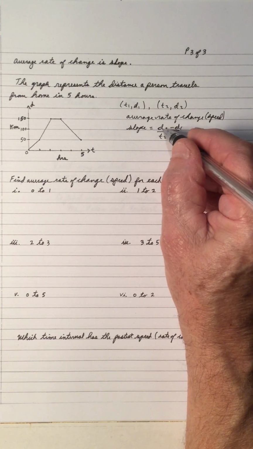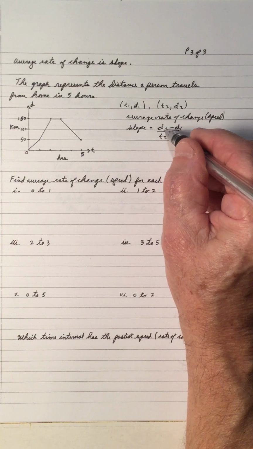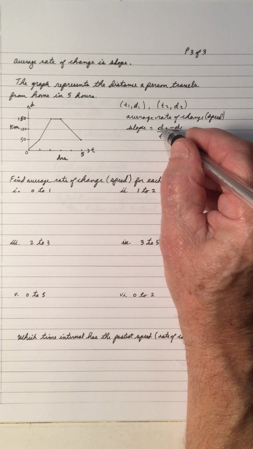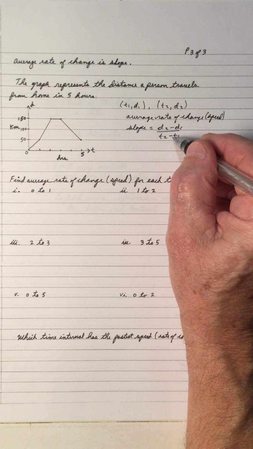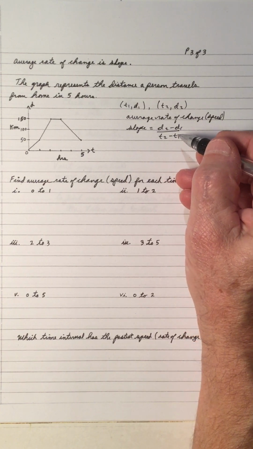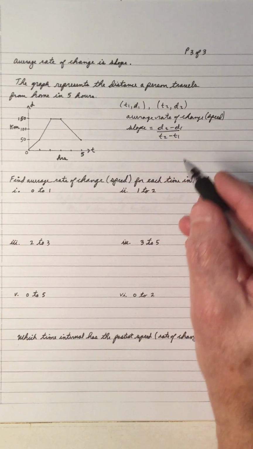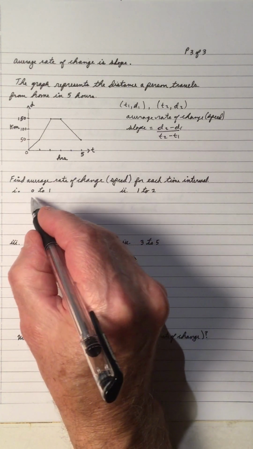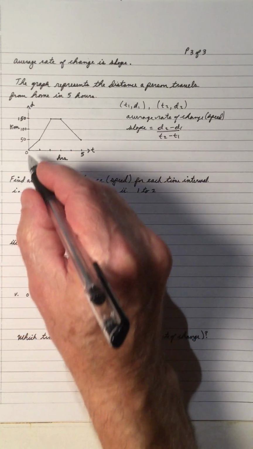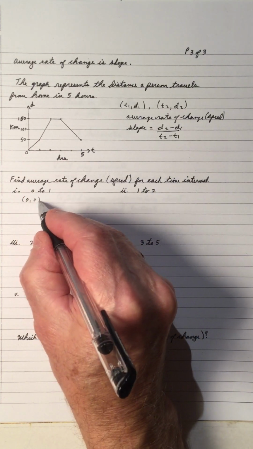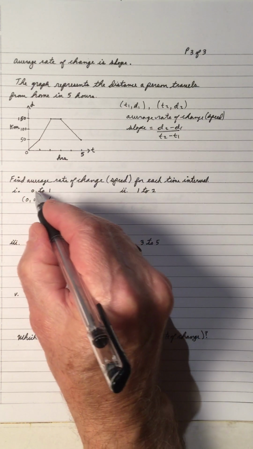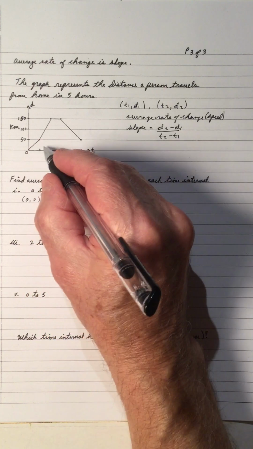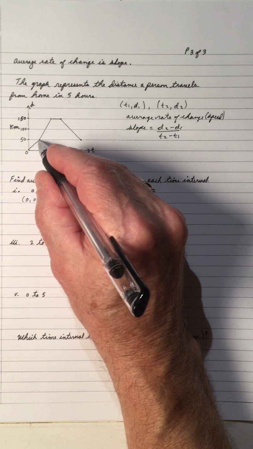It's the difference in the distance divided by the difference in the time. So the difference in the distance is how many units or kilometers you traveled over the number of hours it took you to travel it. So let's find the average rate of change for each time interval. So from 0 to 1, at 0 he's at 0 distance, and at 1 hour is 50.